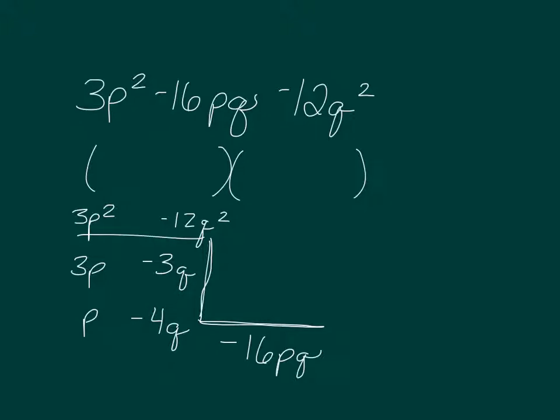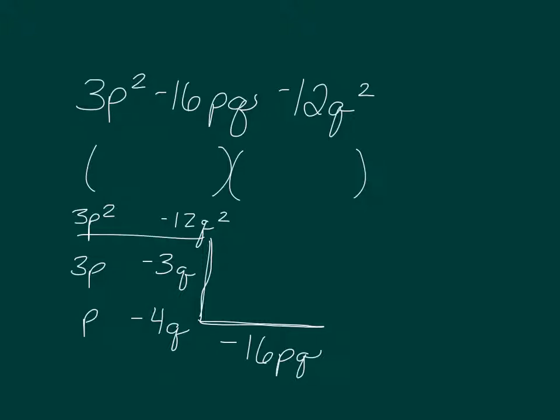Just like with the step 3 polynomials, the only thing that changes is you have that extra variable on the end. The method stays the same, and what we're looking for stays the same.